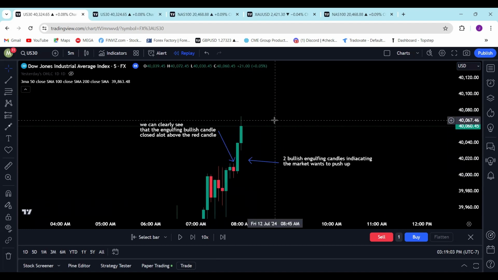So, like I said here, we can clearly see that the engulfing bullish candle closed above the red candle. So, for it to be called an engulfing bullish candle, it has to close above this red candle here, guys, or else it's not going to be a bullish engulfing candle, right? So when you're on the charts, analyzing, and you see something like this, you're going to know, okay, this is what a bullish engulfing candle looks like. And you guys should be drawing this out right now. When the candle pushes up past a red one really, really high, that's a bullish engulfing candle. Super simple to understand.